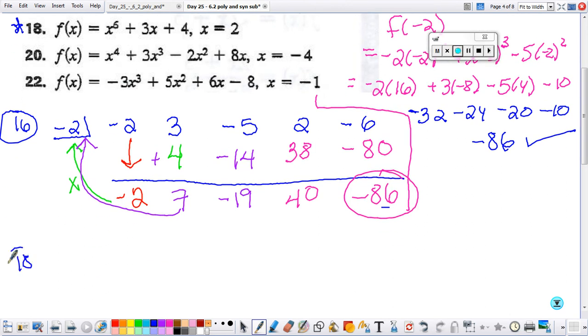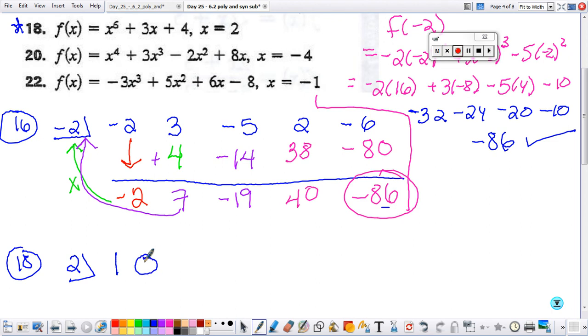So when I set up 18, I put 2 in the corner. Now I have to put my coefficients, but I'm going to put a 0 for any x that's not there. So for example, I'm going to put the 1 because it's x to the 6th.